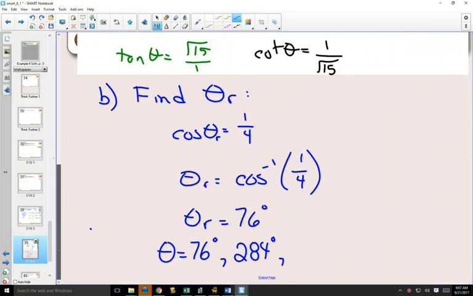So one way that I can do that is just from my diagram, I can see that that one's going to be negative 76 degrees. Another way that I could figure that one out, since I know that this negative 76 is coterminal with the 284, I could take 284 and subtract 360, and it should end in the same spot.